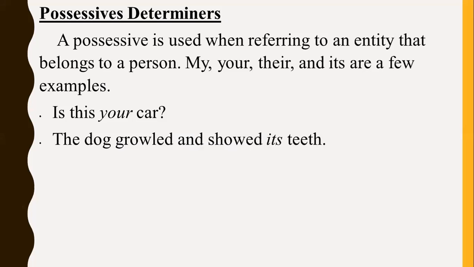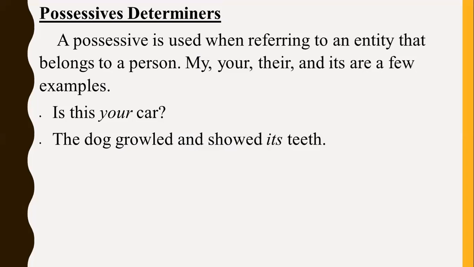Possessive determiners. A possessive is used when referring to an entity that belongs to a person. Examples are mine, your, their, and its. These are a few examples. Look at the contextual usage. Is this your car?